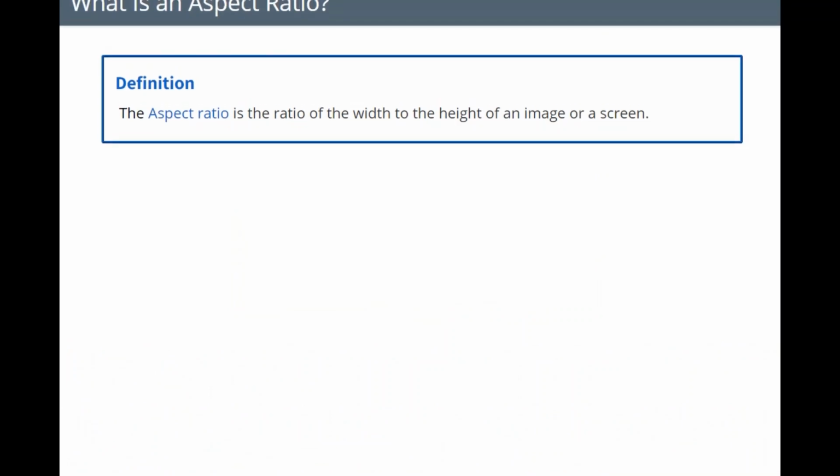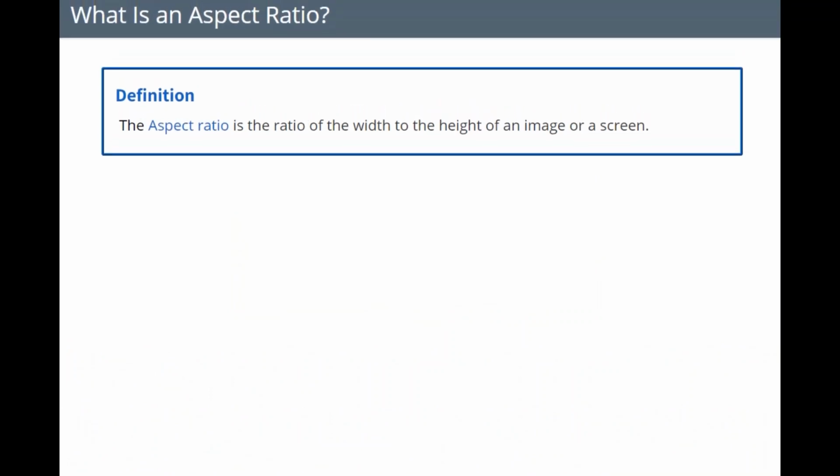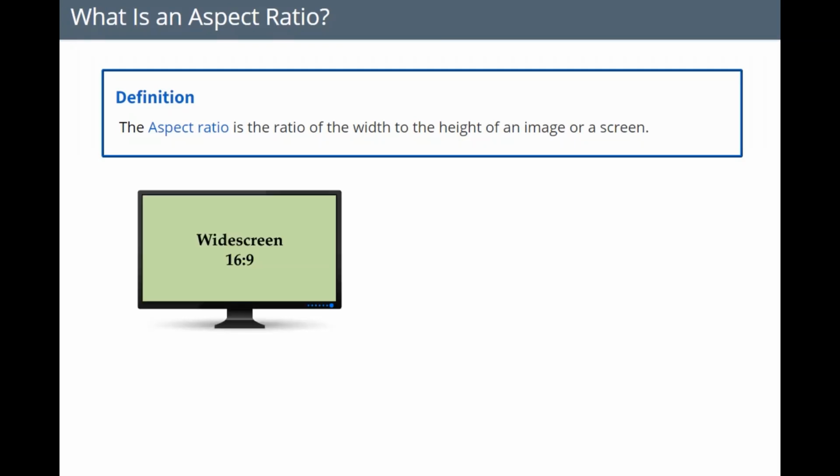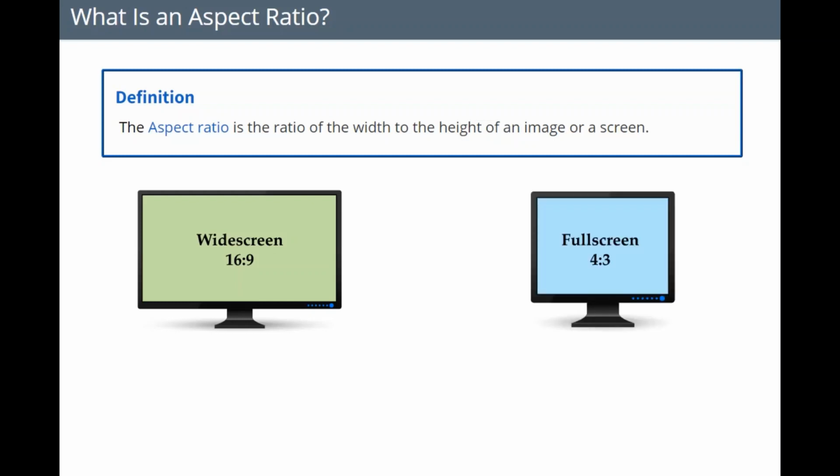The shape of a screen depends on what is called the aspect ratio, and that is the ratio of its width to its height. The two most common aspect ratios are the wide screen with aspect ratio 16:9 and the full screen with aspect ratio 4:3.